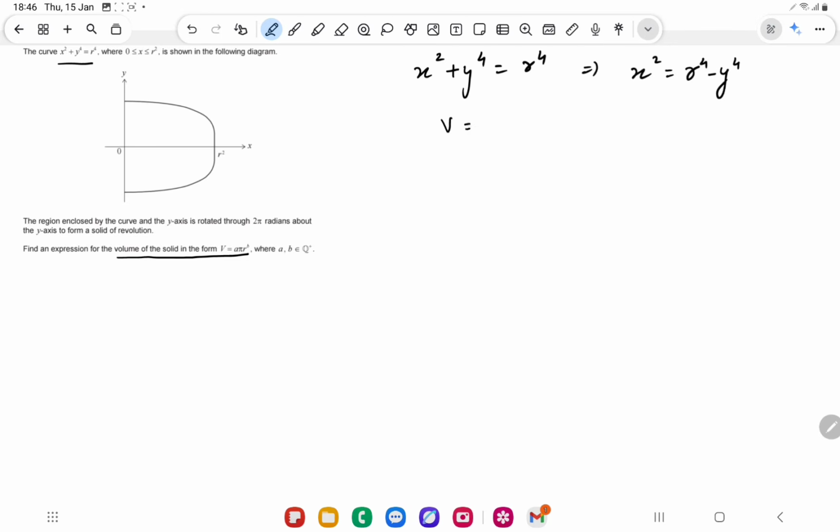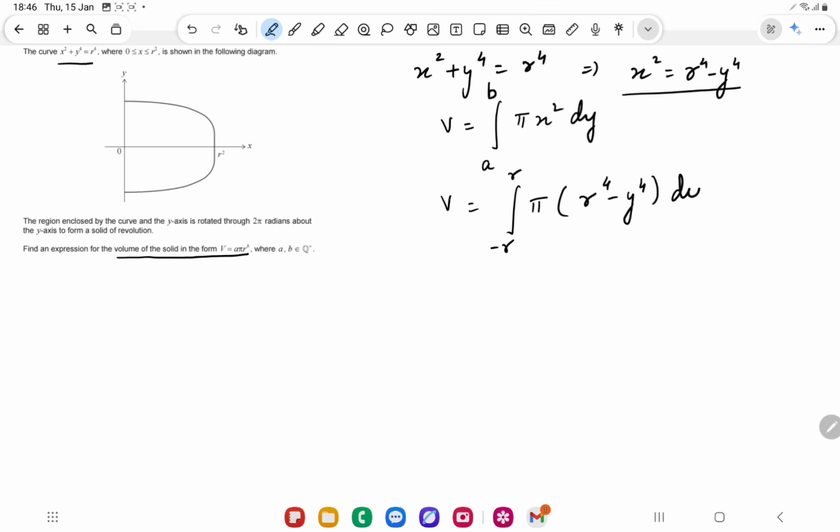Now using the volume formula, I can write pi x square dy, where the values range from a to b. This you can see from your formula booklet. So for me, the limits will be minus r to r, pi, and I will be replacing the x square value, r to the power 4 minus y to the power 4, dy.